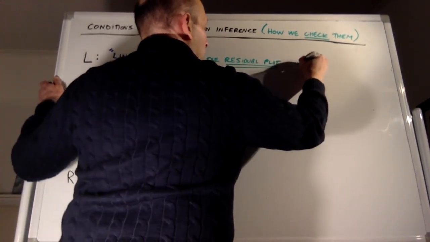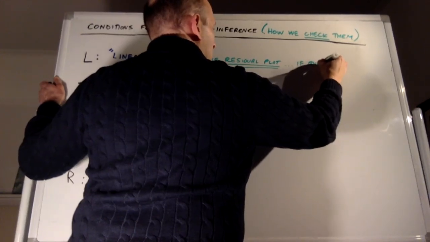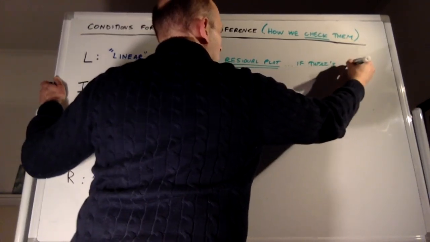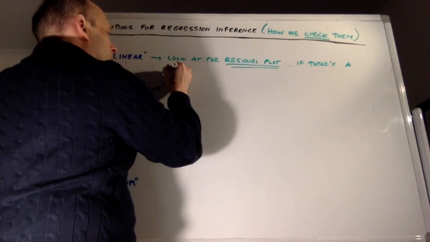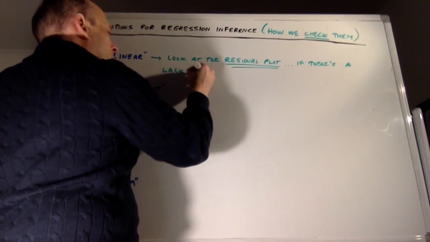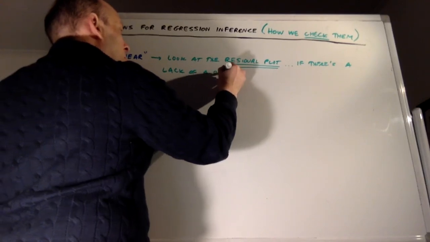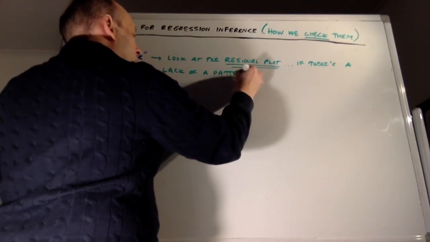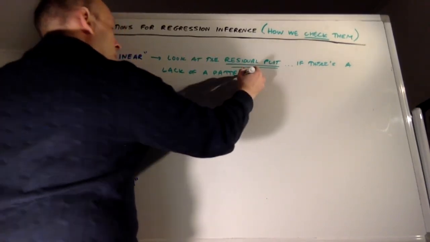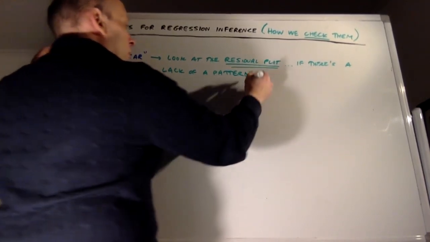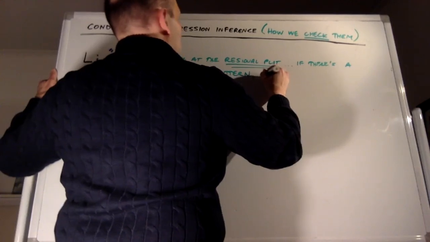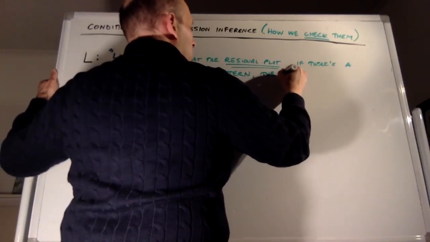And if there's a lack of a pattern, so where a pattern is bad, that means it's potentially a curvy relationship. So we're looking for the lack of a pattern. So if there's a lack of a pattern, the relationship is appropriately linear.